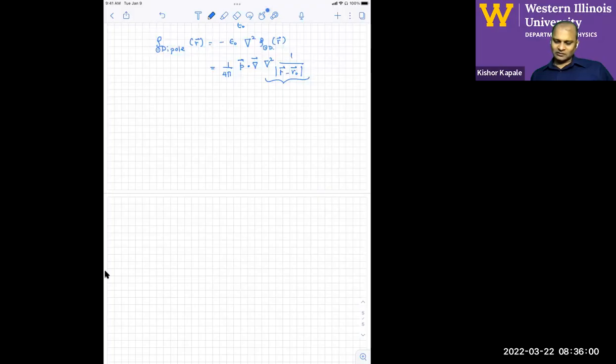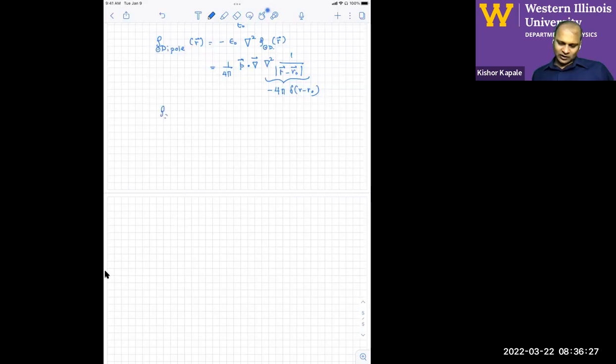So don't forget some of these basic expressions, because these are geometric. They have nothing to do with either electricity or magnetism. They apply even in the gravitational sense. These are geometric expressions. Del squared of 1/|r minus r0|, right? It is going to be negative 4 pi delta of r minus r0. And we actually proved this in the class. So you know why it has that form and why it is 4 pi, right?